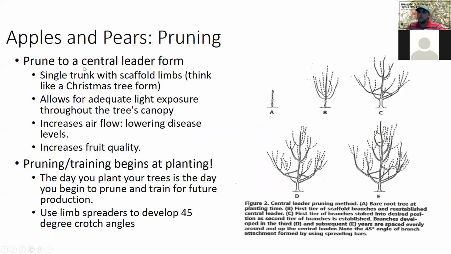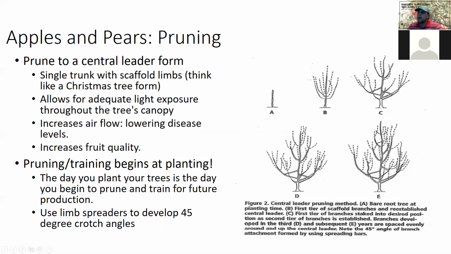And the central leader means that no other limb should go over your central trunk. The idea is to allow for adequate light exposure throughout the leaf canopy, and it increases airflow and lowers disease levels, and this also increases fruit quality. Like we were talking about earlier, you want to have good quality leaf growth, but you don't want to have too many limbs, because then the tree's just supporting too many leaves and not focusing on putting that energy into fruit.